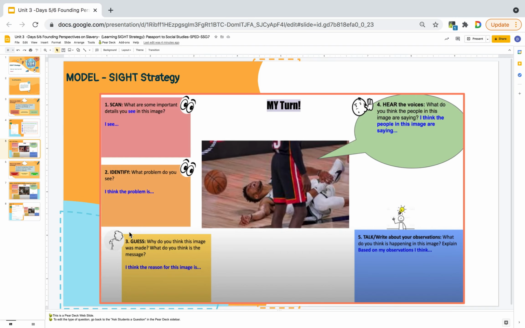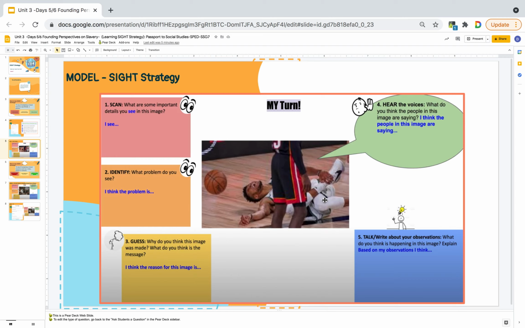In the middle, we're going to look at all the details in this picture, not just where my eyes are drawn to. When I look at this picture, my eyes immediately go towards the man that's on the floor here. But I want to be able to look at that, plus everything else around the center of it.